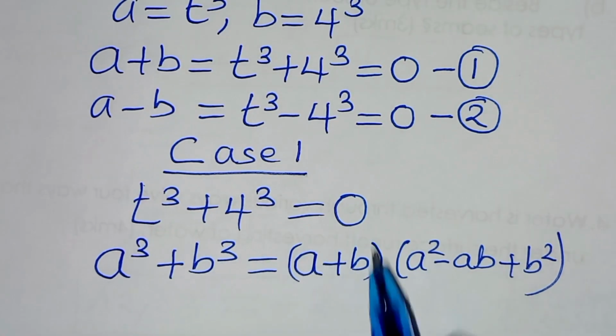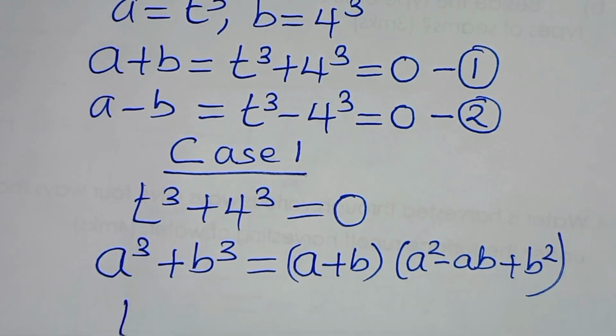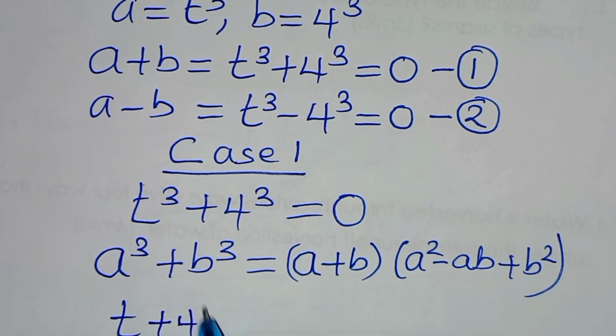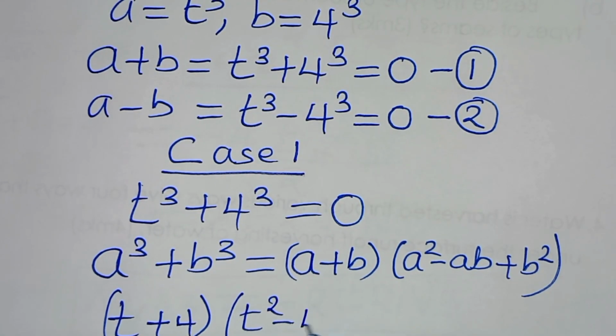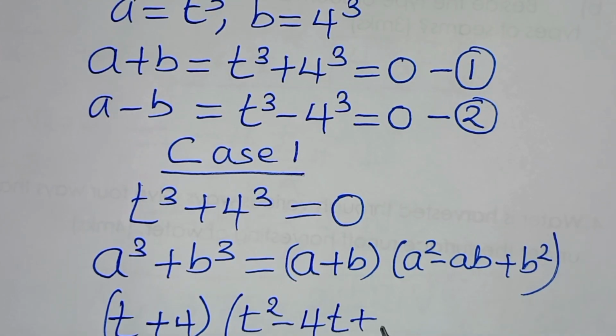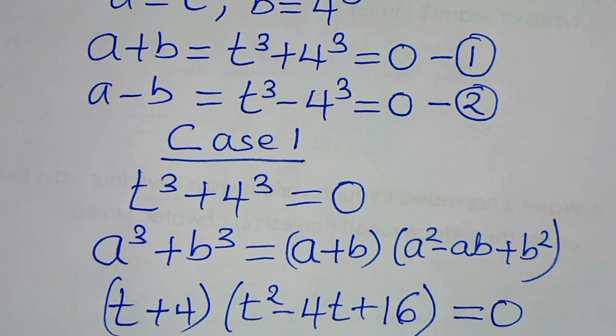The next step from here, we have (t plus 4), then (t squared minus 4t, then plus 4 squared, which is 16), equal to 0.